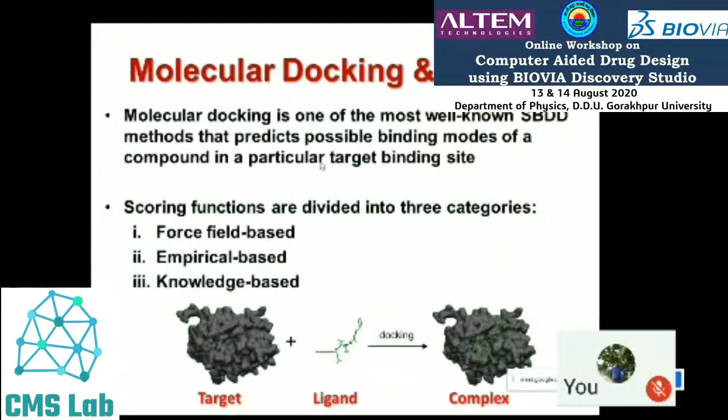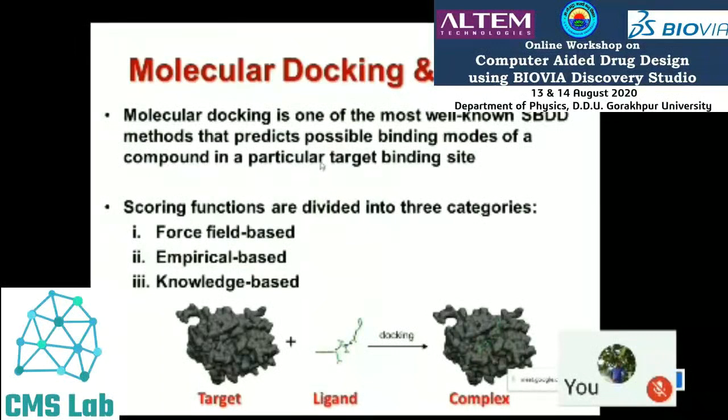Many software packages use different scoring functions for molecular docking. They use force field based, which is very famous. In the force field based one, you try to estimate the binding affinity, and we even consider entropy.